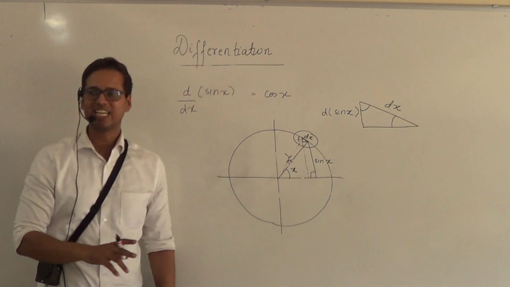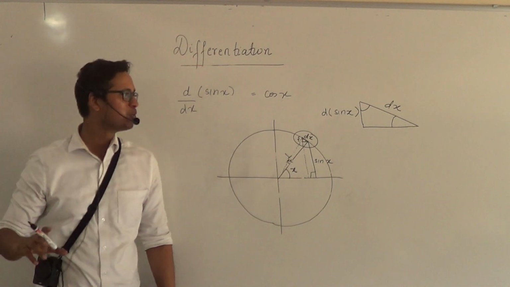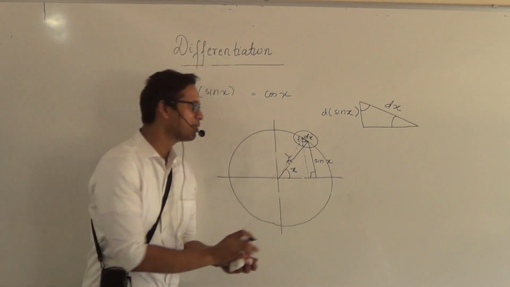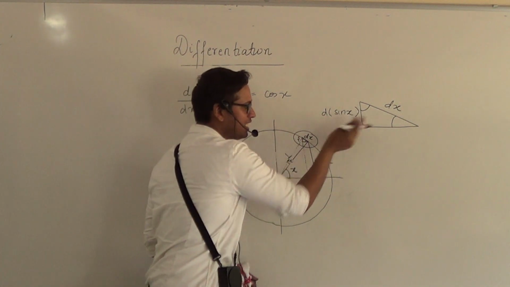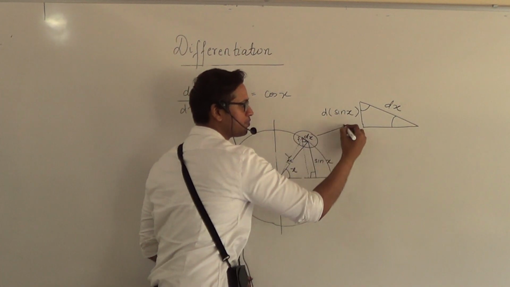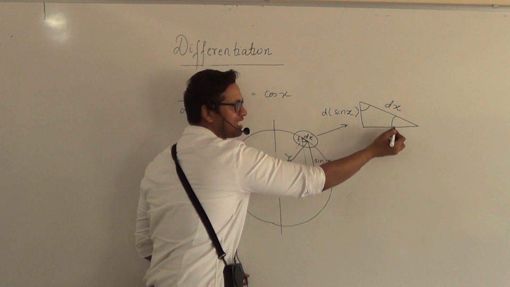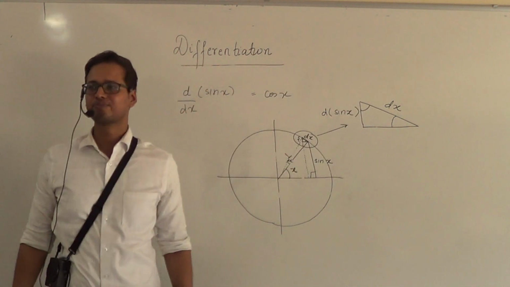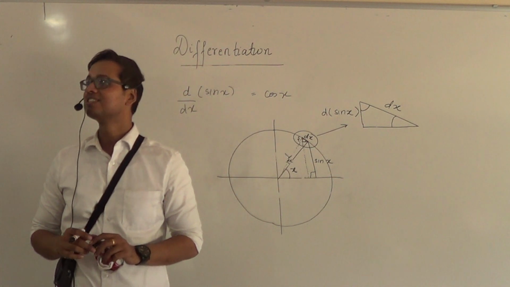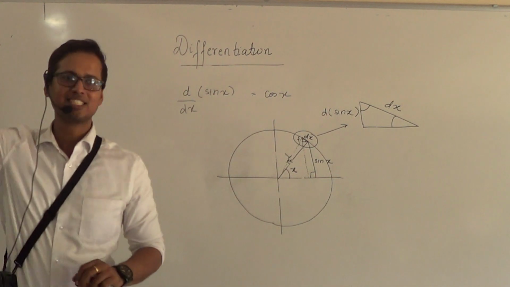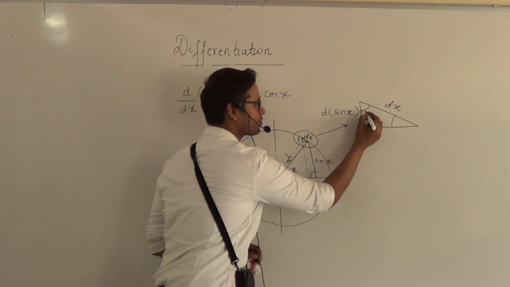I know some of you have given the answer, but those who haven't been able to understand which angle I am talking about, do you see these two angles? I have zoomed it. Which angle is x? Top angle.